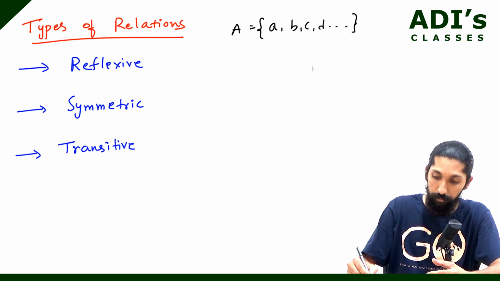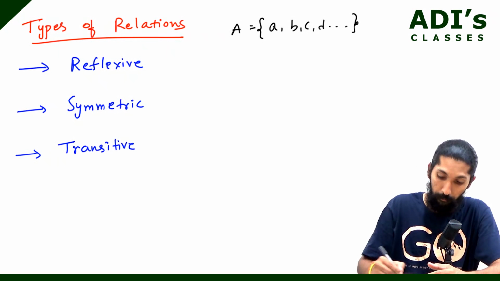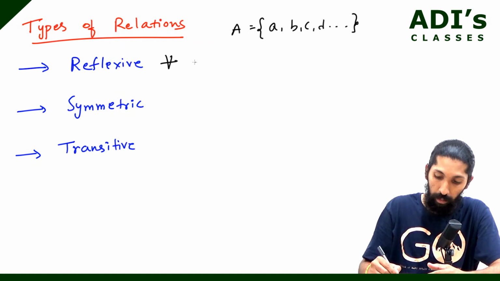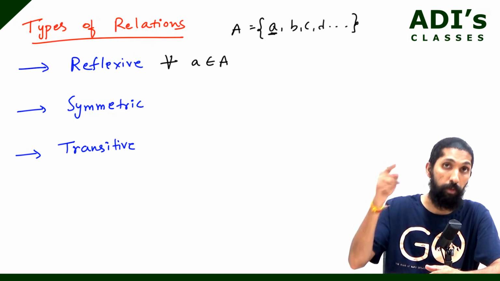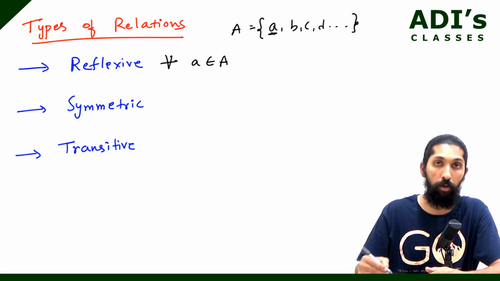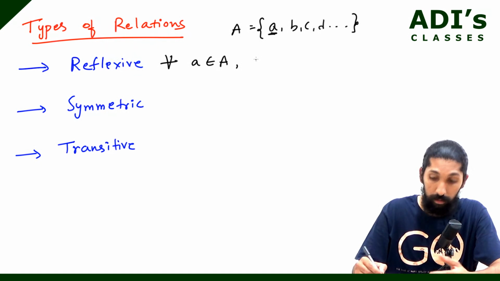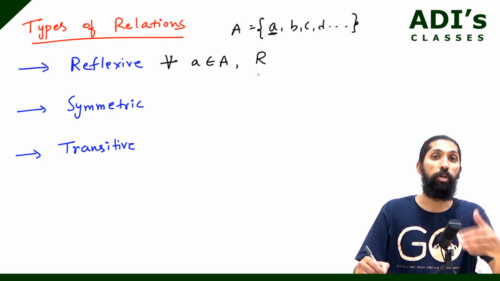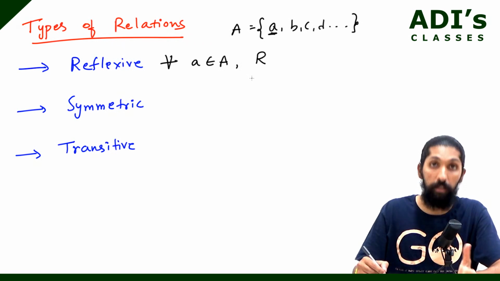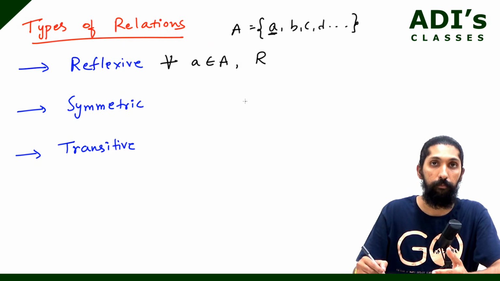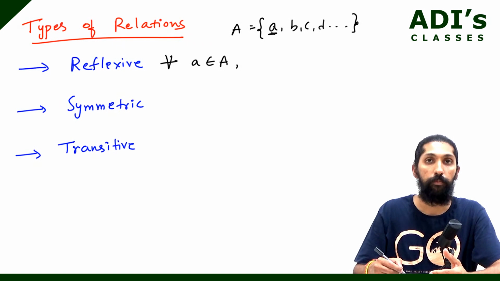What reflexive basically tells you is that for all a belonging to A, where a is an element which belongs to the set A, there exists a relation R which contains the element (a, a).